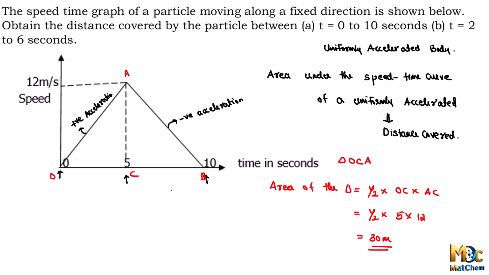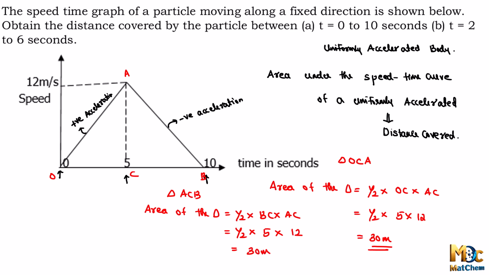In the same way, if you consider triangle ACB, the area of the triangle will be equal to half into base BC into AC. BC is from 5 to 10, so the BC length will be 5, and AC will again be 12. 12 into 5 is 60, divided by 2 is 30 meter.